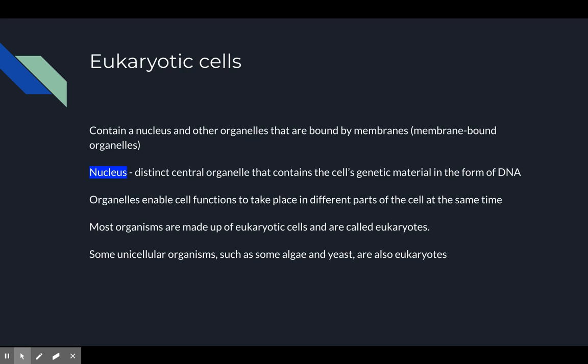Most organisms that are made up of eukaryotic cells are called eukaryotes. Humans, animals, plants, things like that are considered to be eukaryotes. There are some unicellular organisms, such as algae and yeast, that are also considered eukaryotes.